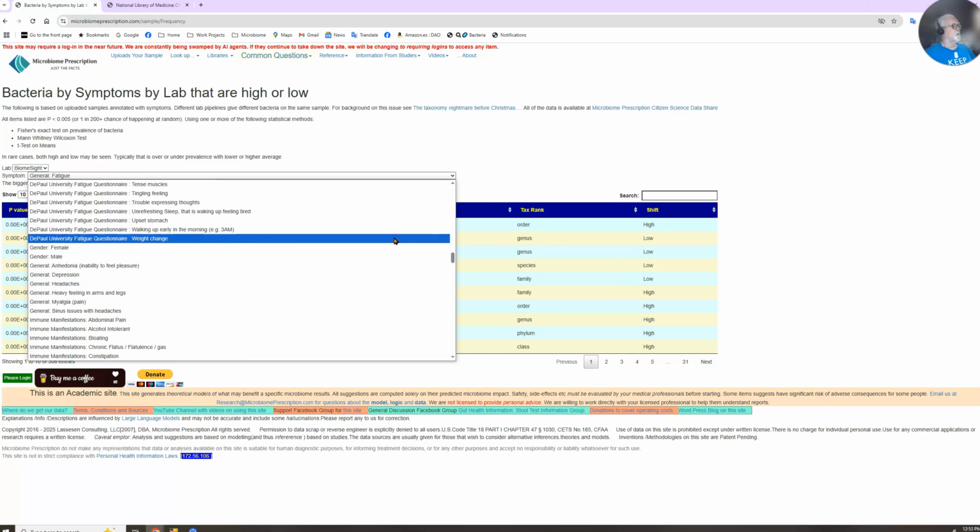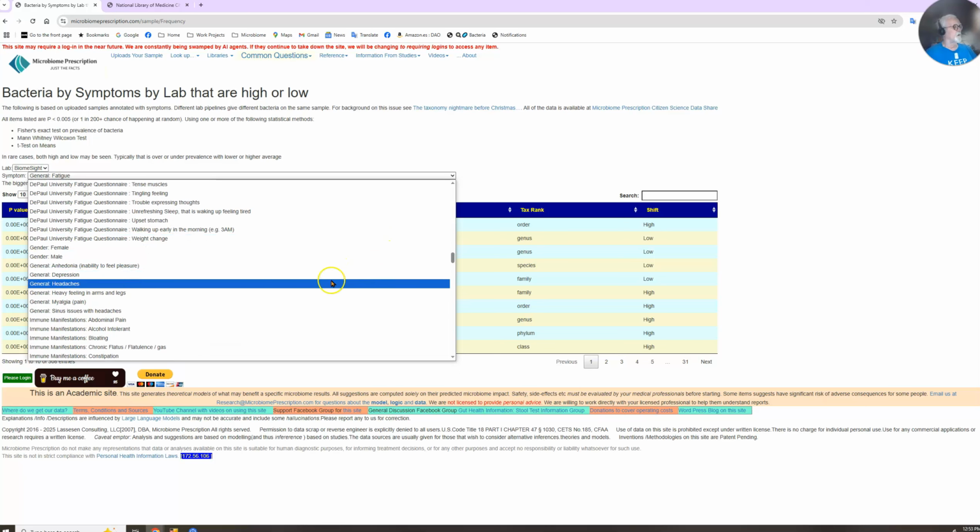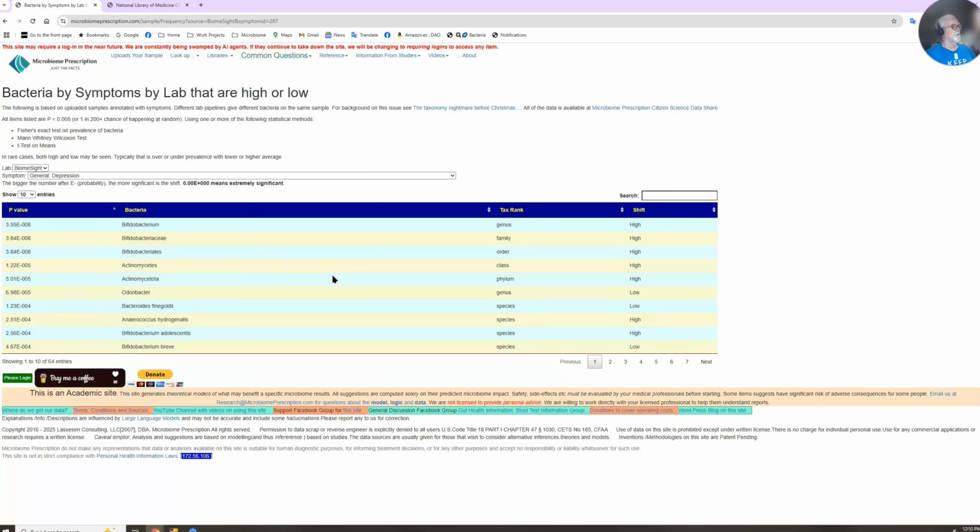I need to improve the search area. There we go, general depression, click here, and voila, we now have some of the characteristics. So we have Bifidobacterium as a whole tends to be high, but let's just search because we may want to.